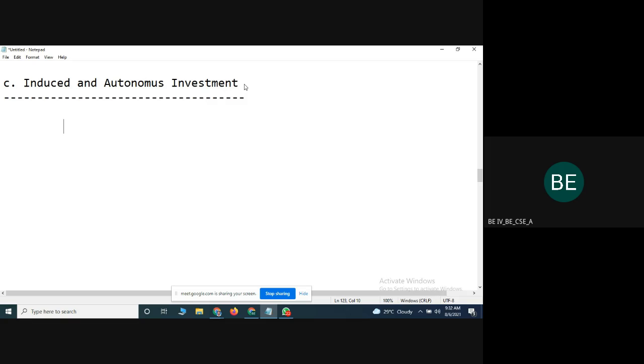Next one is autonomous investment. It is one type of investment mainly done by government agencies. They invest the money for certain things, but they are not getting profit from this. That type of investment we call an autonomous investment.